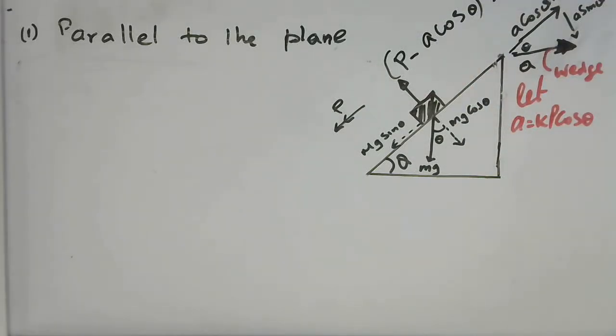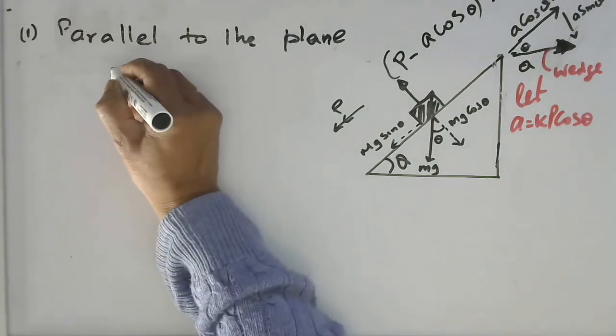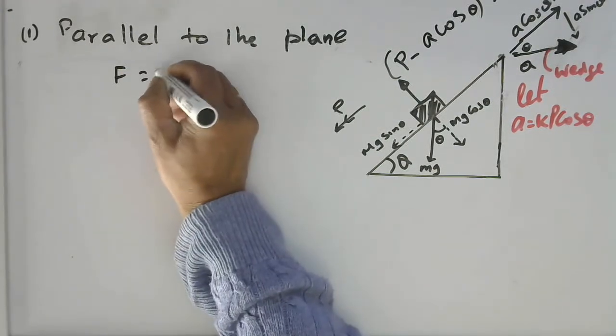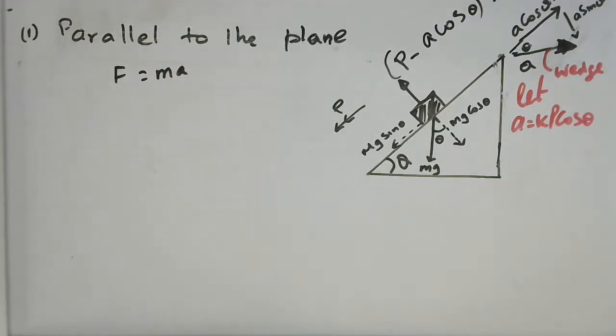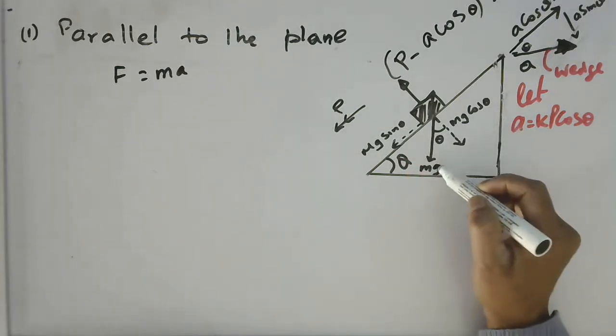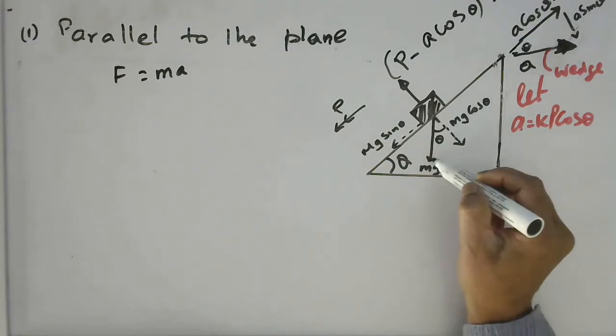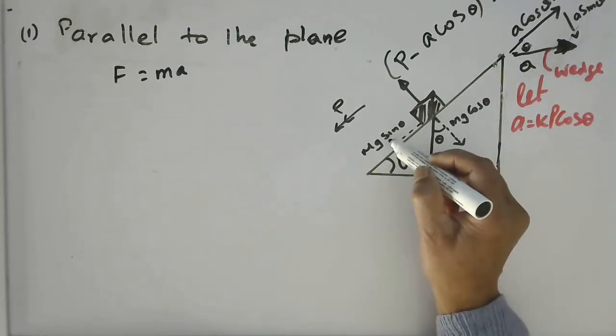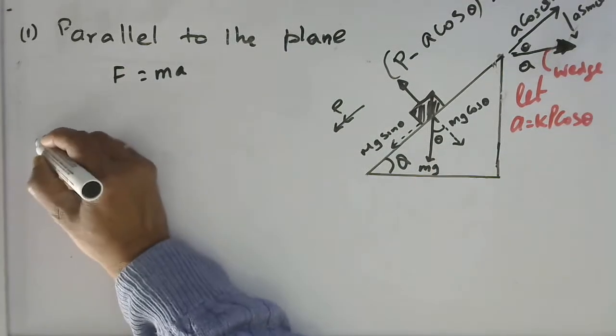If you write the equation using F equals ma, the force on the particle down the plane is mg sine theta.